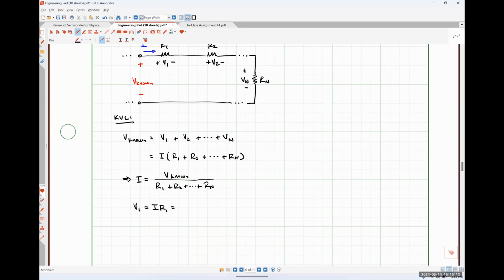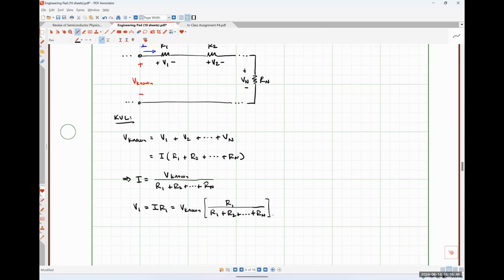So if we substitute in our relationship for I, that becomes our known voltage multiplied by the resistor R1 in the numerator, and then the sum of all of those resistors in series is in the denominator.